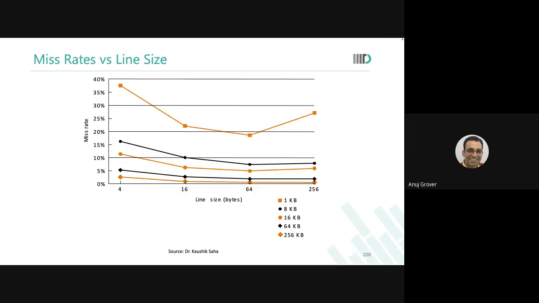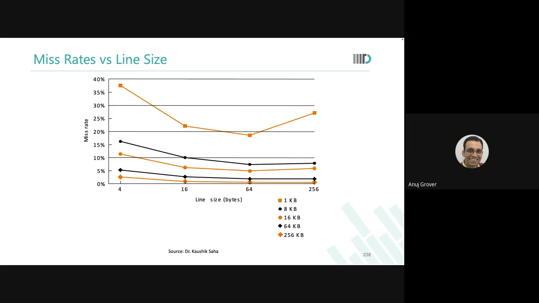If you have very large line length, then the total number of lines that you could store in a particular capacity of a memory would get limited. So the probability of miss will start to increase. Are you able to see this?